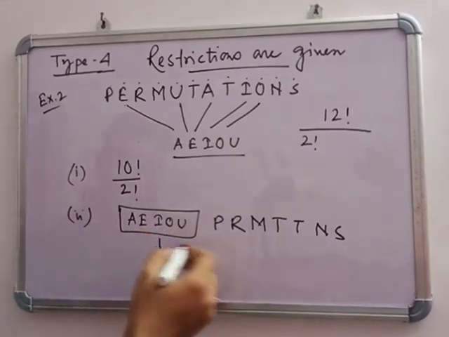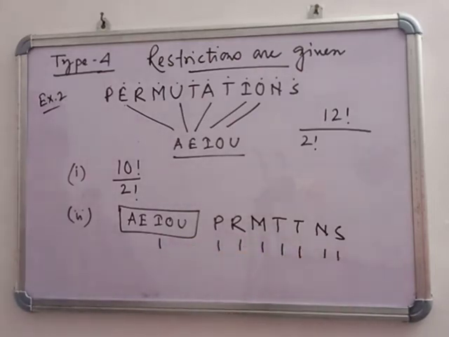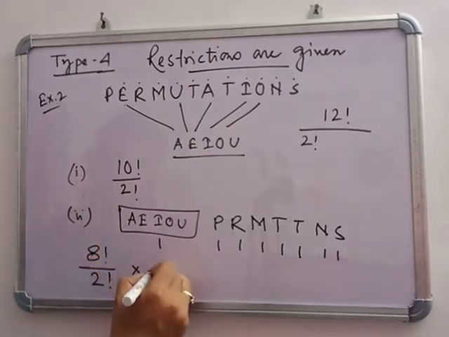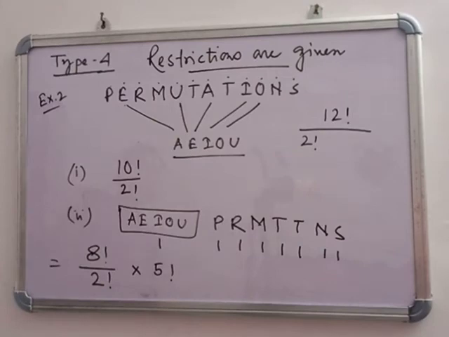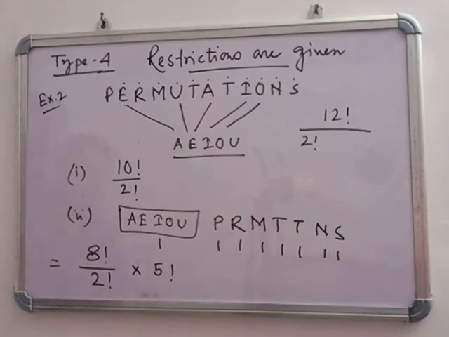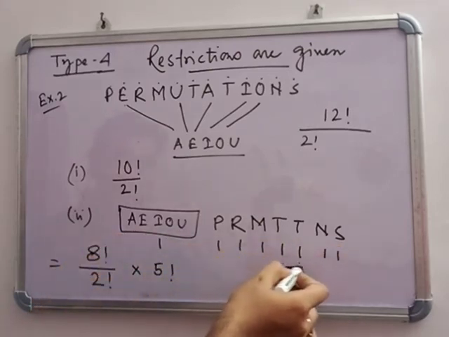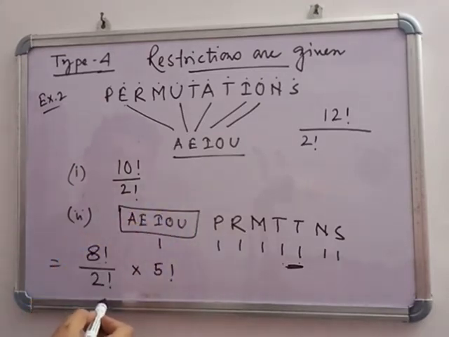If we count 1, 2, 3, 4, 5, 6, 7, 8, so 8 factorial by 2 factorial into 5 factorial, because the vowels also can change their position. In the box, taking one letter, it can change its position, A in the first, or A in the last. So 8 factorial by 2 factorial for the two repeated T's, then 5 factorial for the change within the vowel box. Okay, so 8 factorial by 2 factorial into 5 factorial.